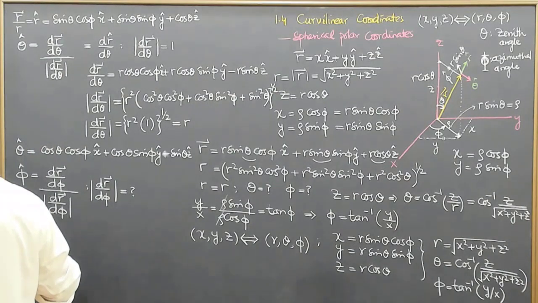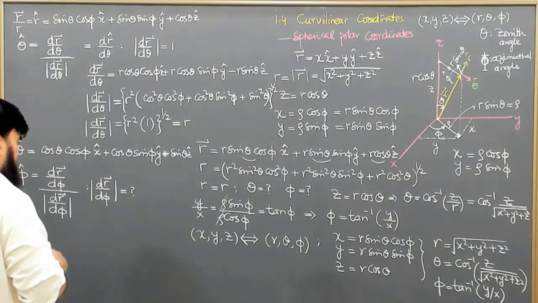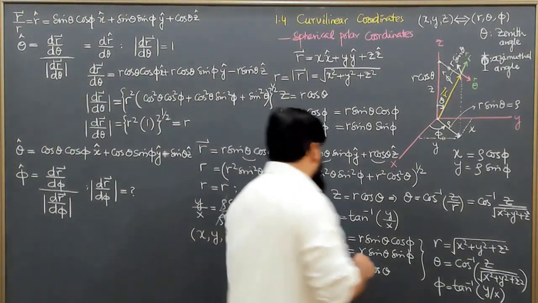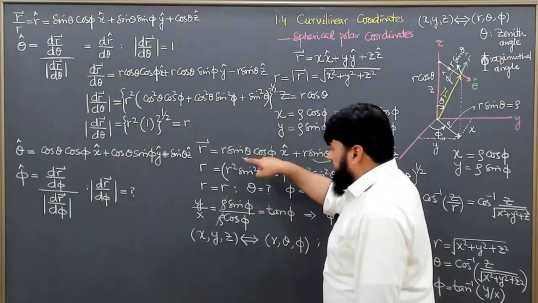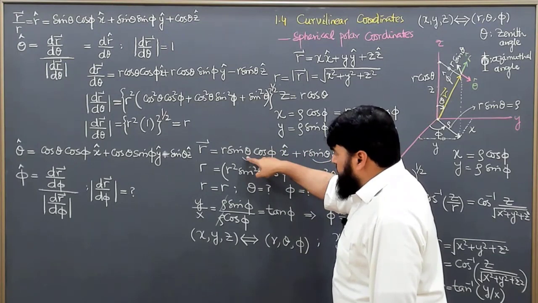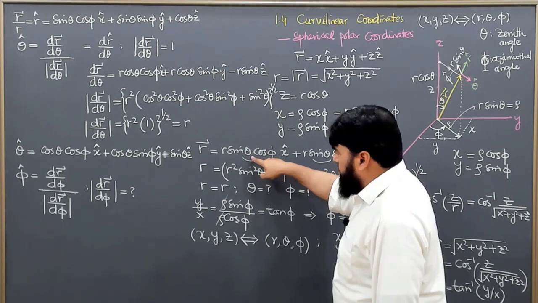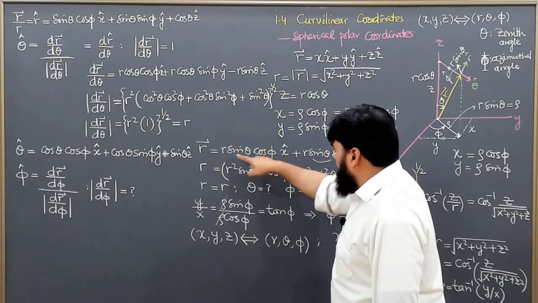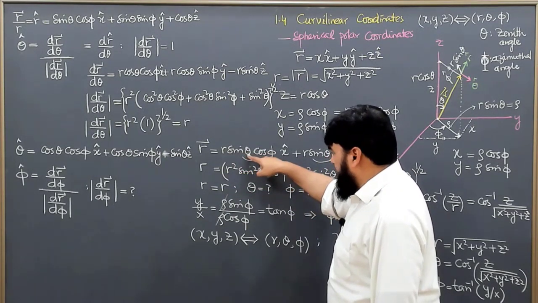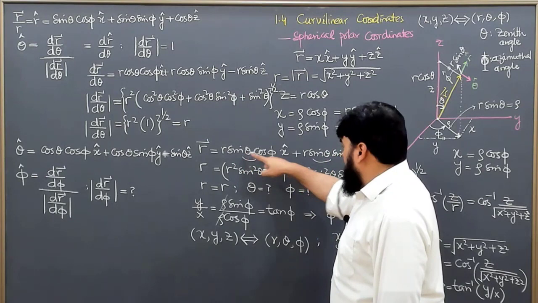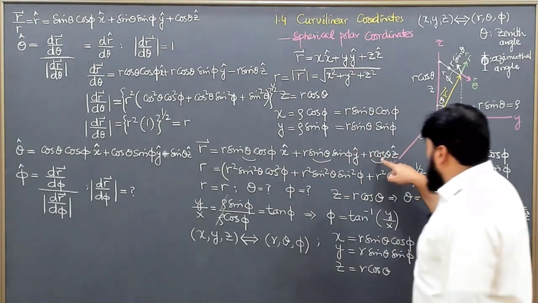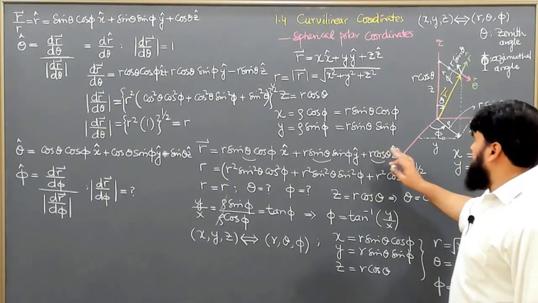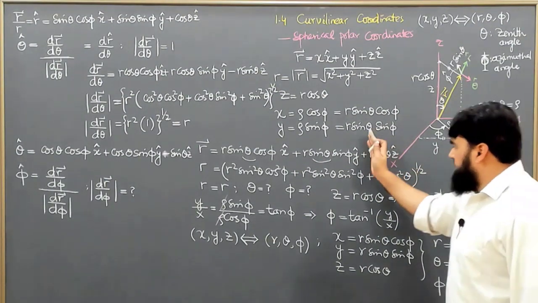To calculate this, let me do it directly here. This is our vector r. Just differentiate this with respect to phi. So what will we have? We will have r sine theta, and then look at this component: with respect to phi, this will go to 0 because the z component does not depend on phi, so this component is gone.